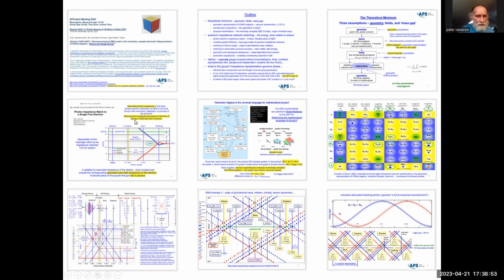This is a plot of just a single free electron. So you've got something anchoring this thing here. And it sees the Bohr radius and the impedances of the electric and magnetic flux quanta that comprise the photon. The electric gets shifted forward by the dipole impedance, and the magnetic gets shifted backwards.